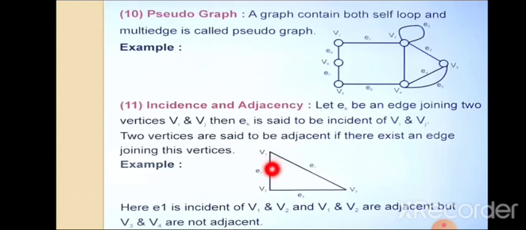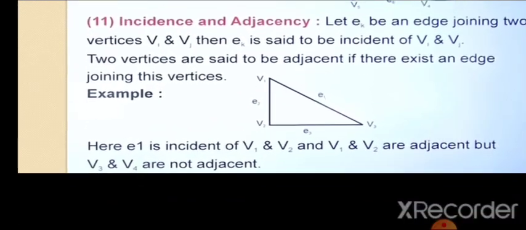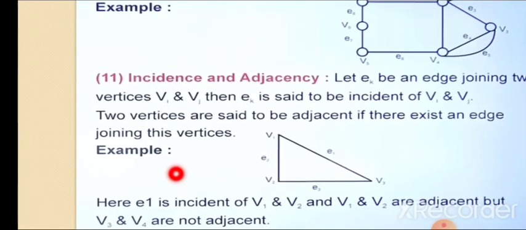So E2 is said to be incident on V1 and V2, and these two vertices V1 and V2 are adjacent. Like here, E1 is incident on V1 and V2, and V1 and V2 are adjacent, but V1 and V3 are not adjacent.